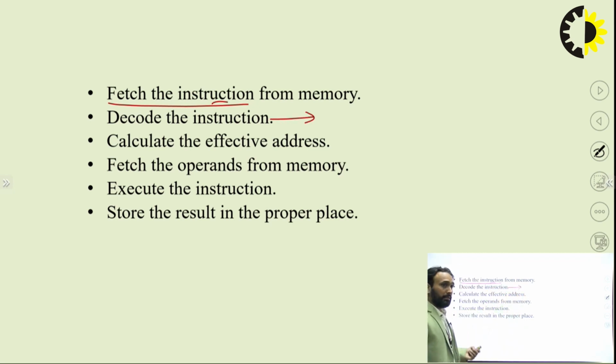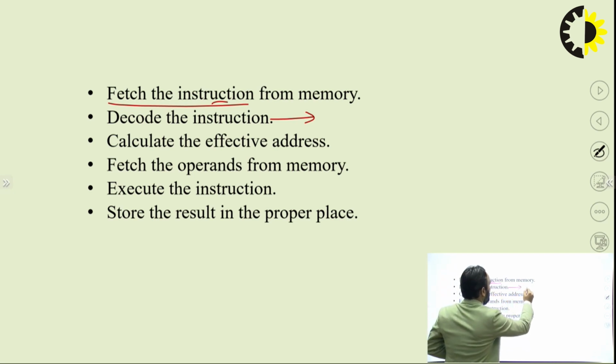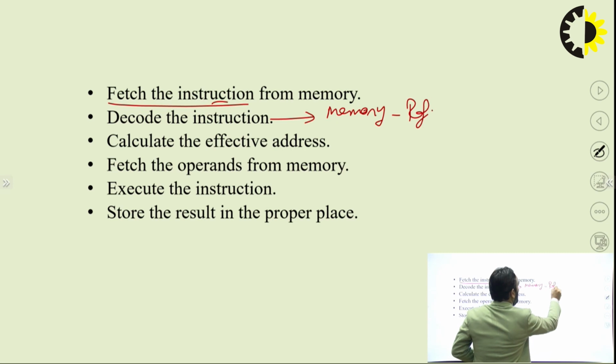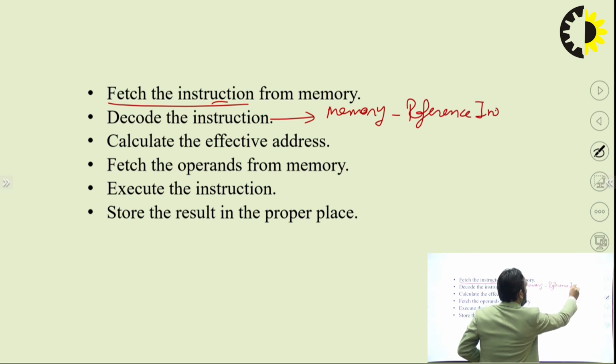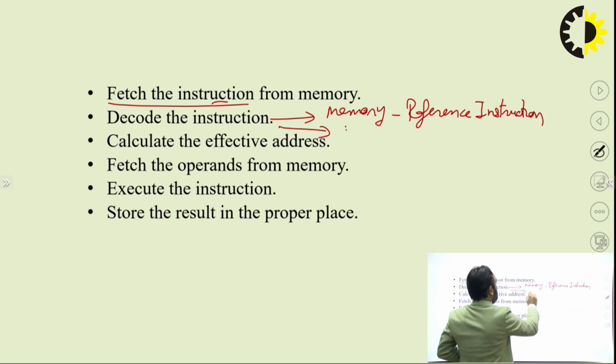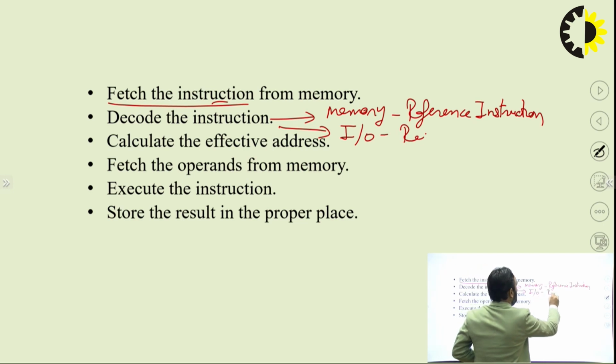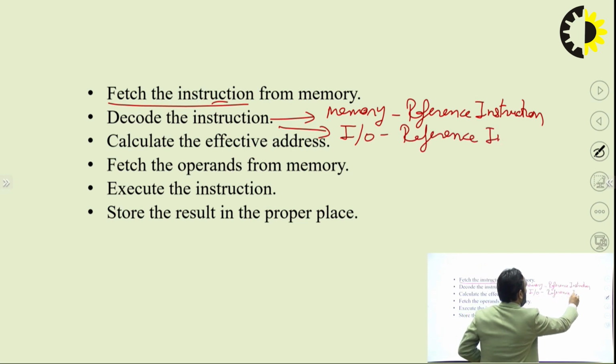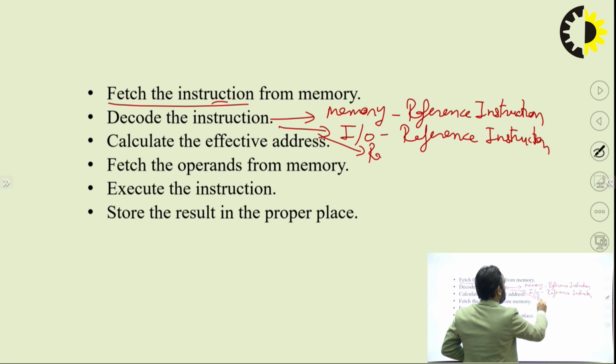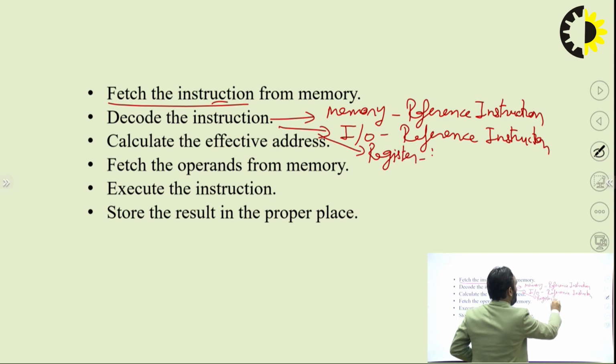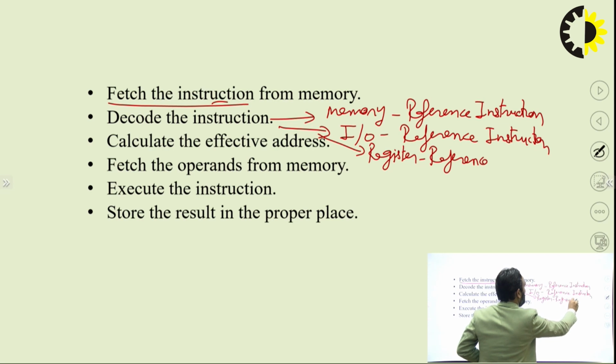As I discussed in the last video lecture, an instruction is of three types: memory reference instruction, IO reference instruction, and the third one is register reference instruction.